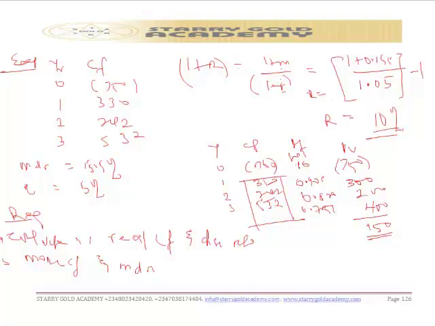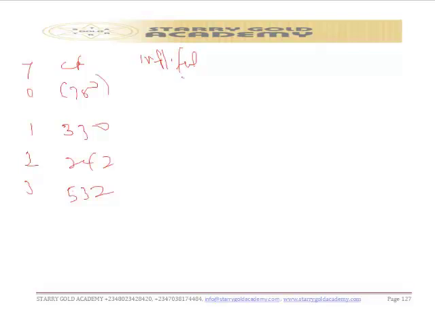Let's see how it is. The cash flow for year 0, 1, 2, 3 is 750, 330, 242, 532. Now the inflation factor is 5%.